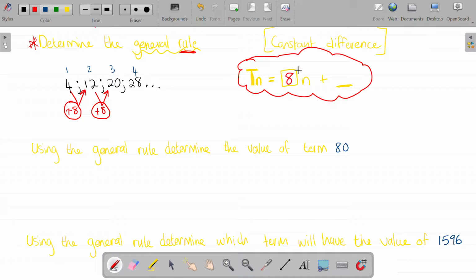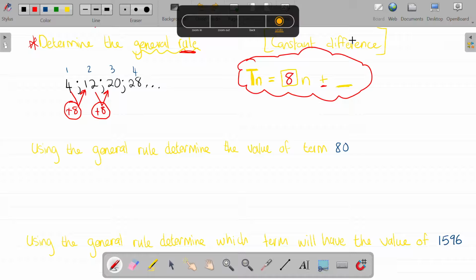All right. Then the next question that you ask is very, very important, right? So there should be a minus sign there. The next question is very important in order to get our number that needs to come over here. Because when they ask us to determine the general rule, it needs to be in this format: Tn equals a number, n plus another number, or minus another number.